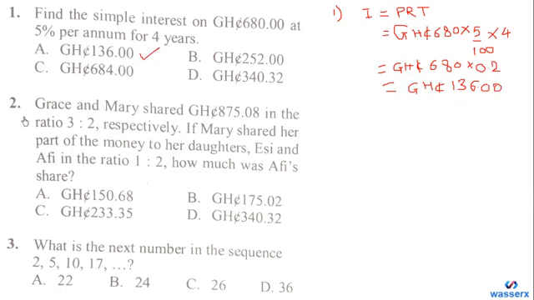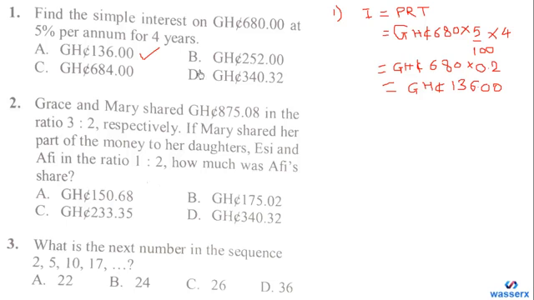For question 2, we have Grace and Mary shared 875.08 cedis in the ratio 3:2 respectively. If Mary shared her part of the money to her daughters Ama and Afi in the ratio 1:2, how much was Afi's share?